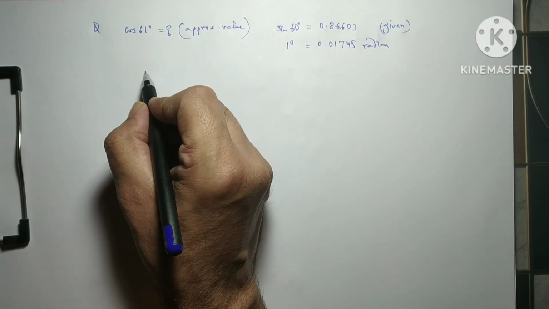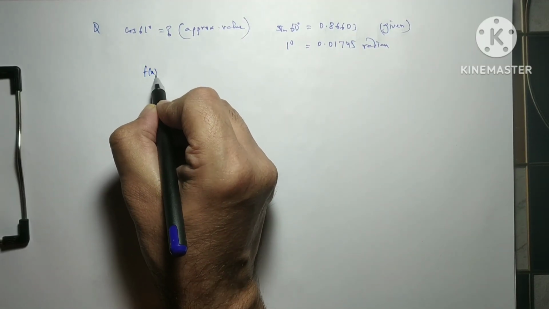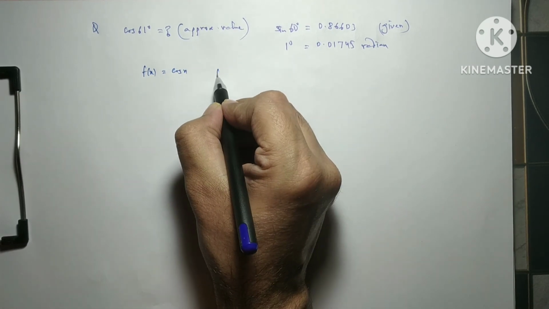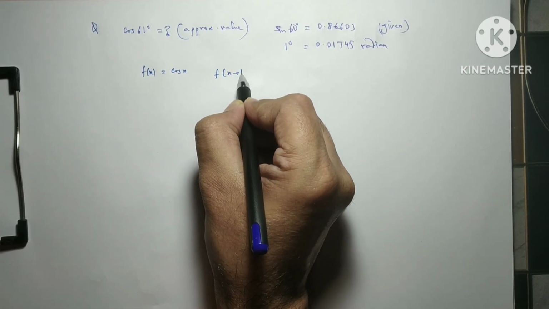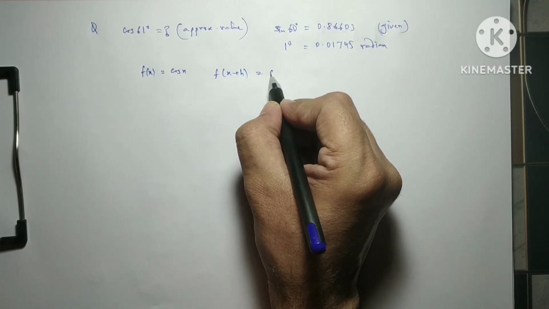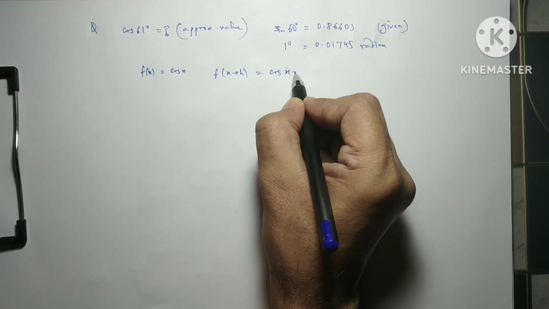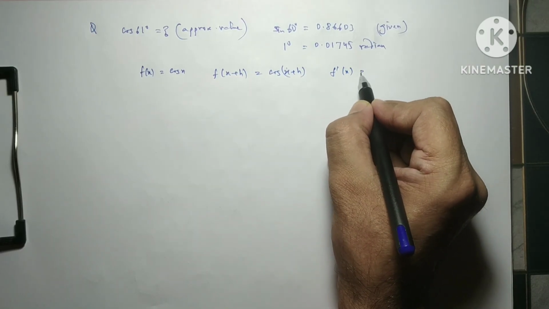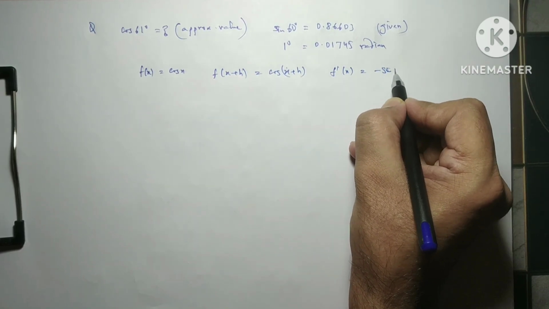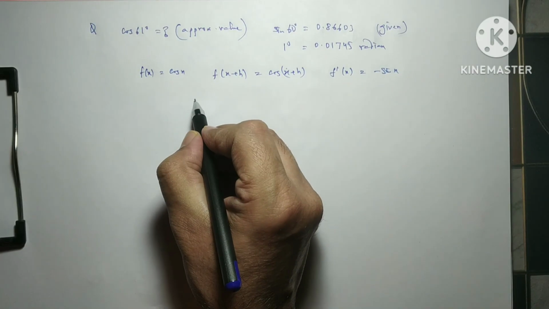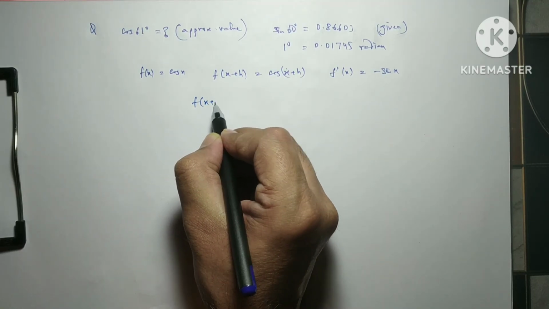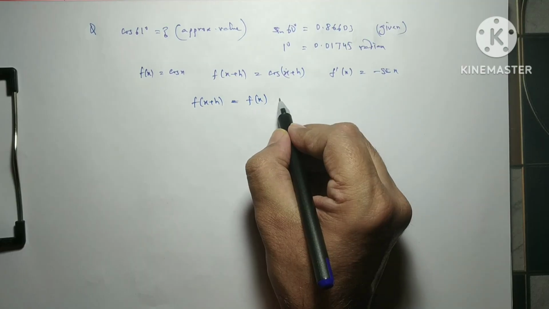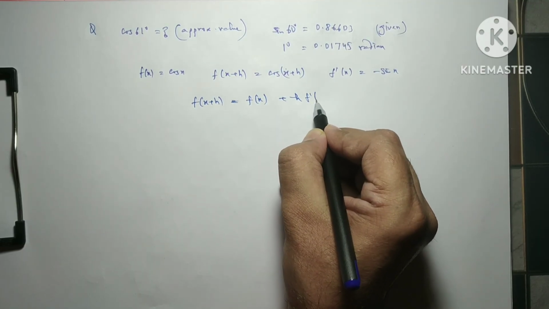So function is cos, so f(x) is cos x. So f(x+h) is cos(x+h), and f'(x) is minus sin x. So we have the differential formula, f(x+h) = f(x) + h f'(x).